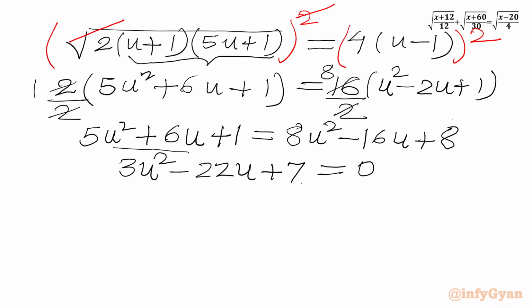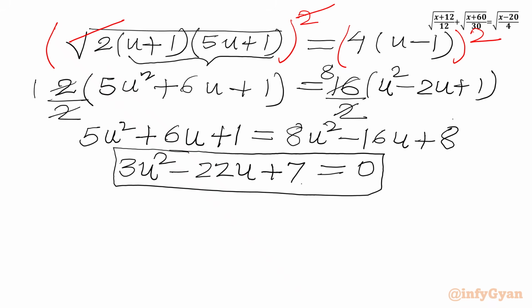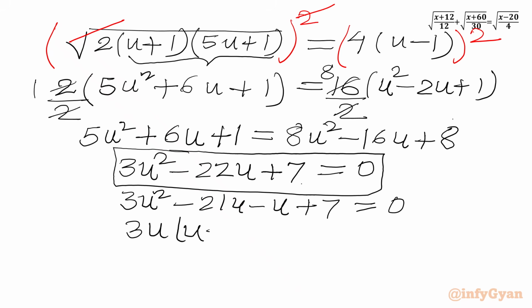Now we have one quadratic equation which we can solve using the factorization method. So we will split our middle term: minus 22u as minus 21u minus u, plus 7 equal to 0. From the first two terms 3u is common. We will get u minus 7 in the bracket. From the next two terms we will take minus 1 common. So u minus 7 will be in the bracket, equal to 0.